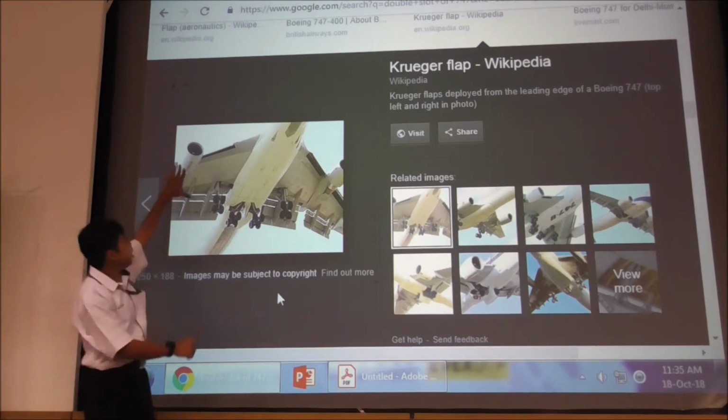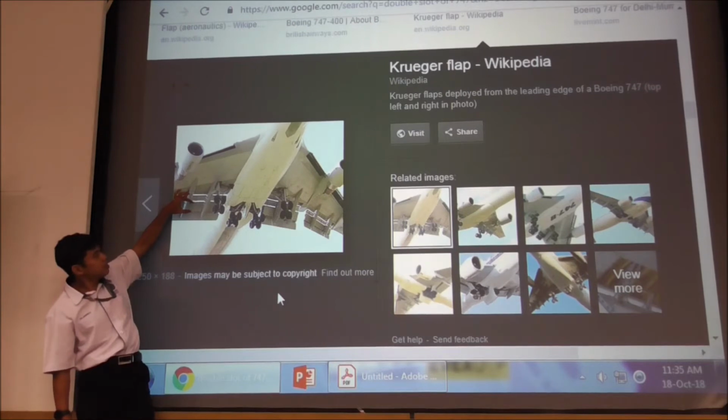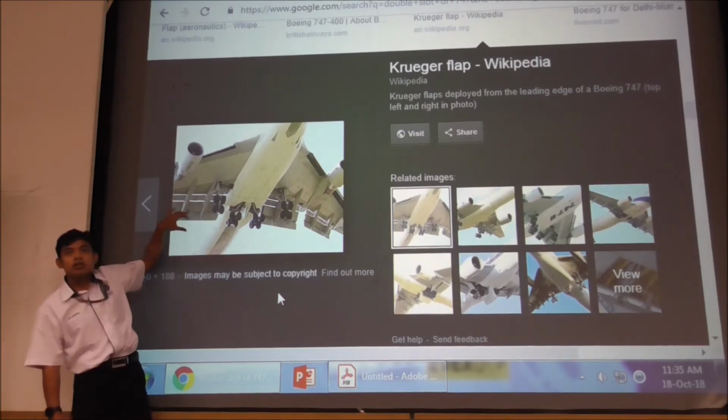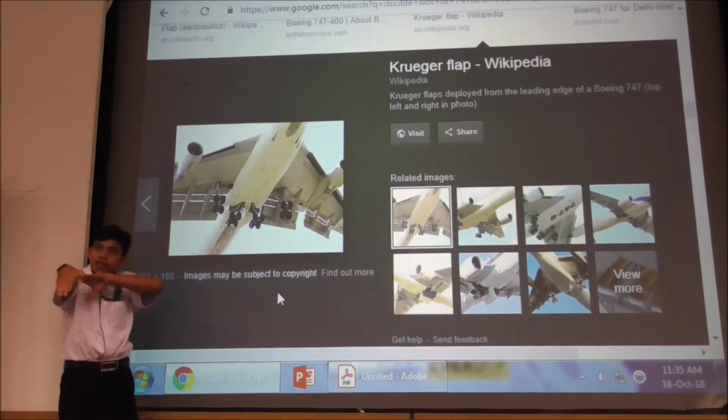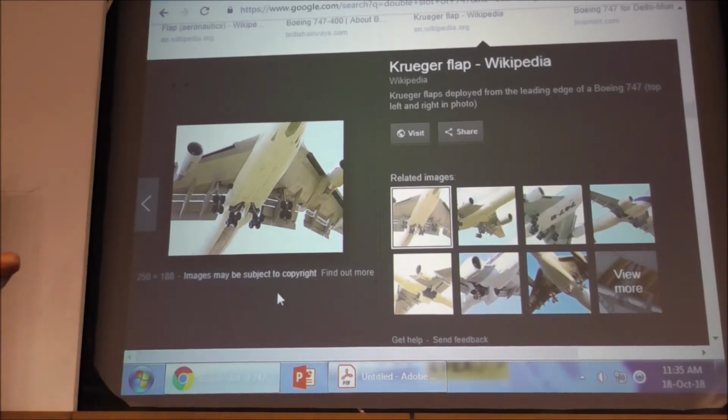Now, this is the original wing of 747. This is the first slot, this is the second slot. So it's an extension of your wing. If you are sitting near the windows, during the takeoff or landing, the wing will be extended. That thing is called slot.